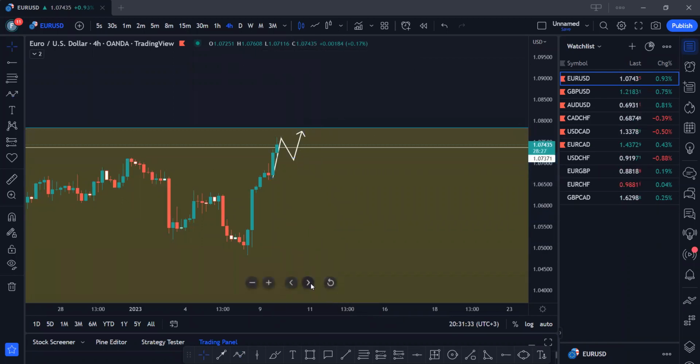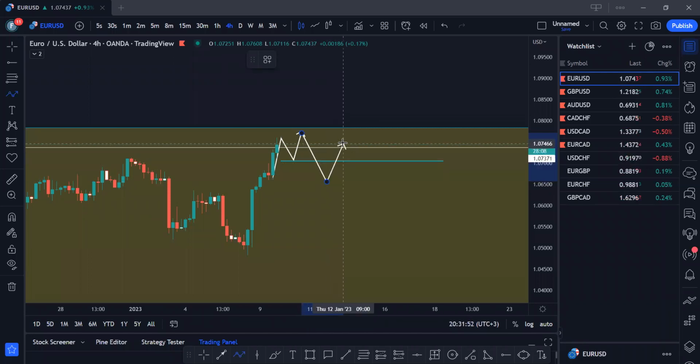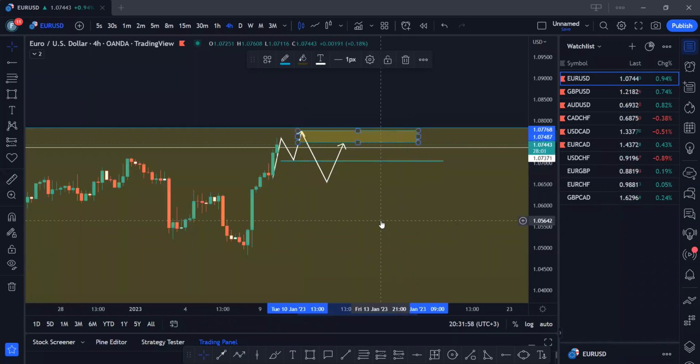And what you want to wait for is the order flow to shift from this bullish to bearish. So you want this higher low to be taken out like so. So you wait for price to break this zone, and then you wait for a retracement into a supply. So that's where you look for sell opportunities.